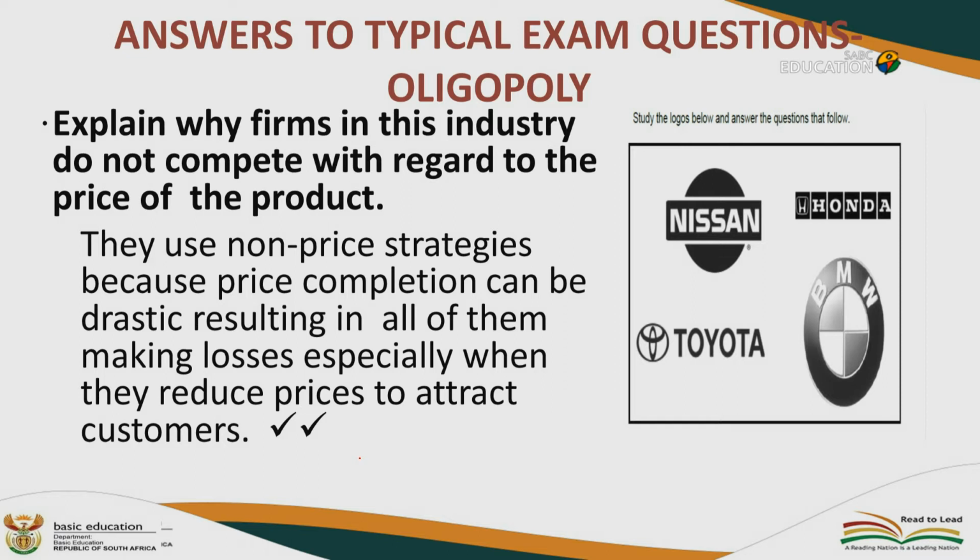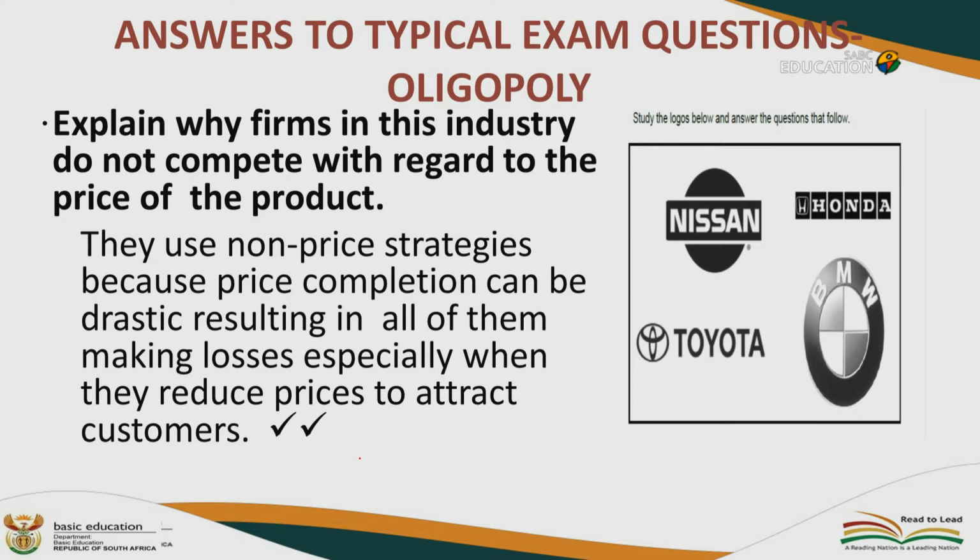Explain why firms in this industry do not compete with regard to the price of the product. So you can see how they are phrasing the question. They don't make it straightforward to say, explain non-price strategies. Explain why firms do not compete with regard to the price of the product.